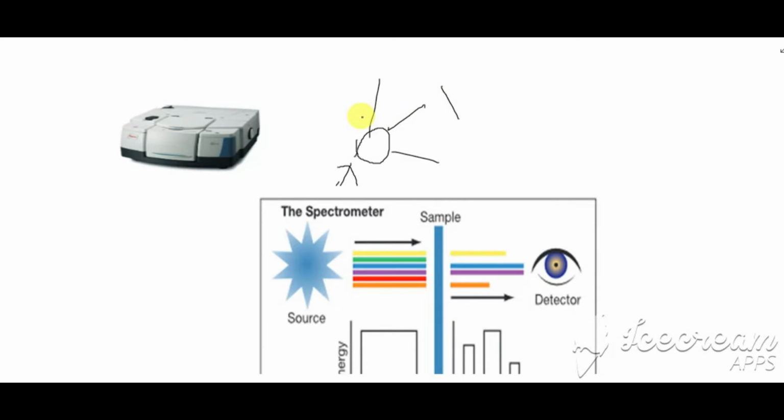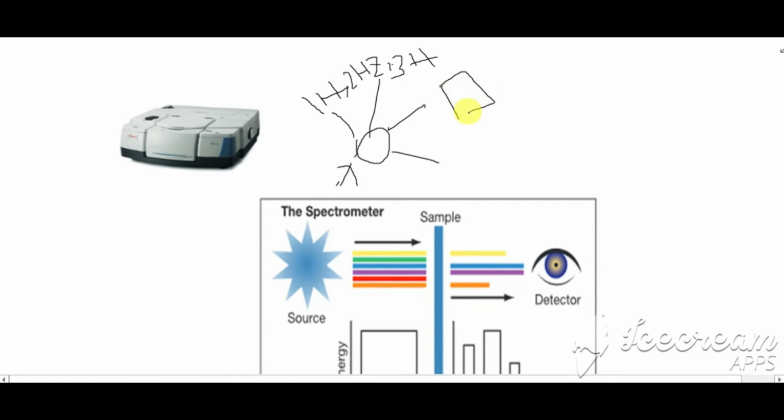For example, we have 1 hertz light, or 2 hertz light, or 3 hertz light. This kind of different photon, wave or wavelength will be radiated to our sample.